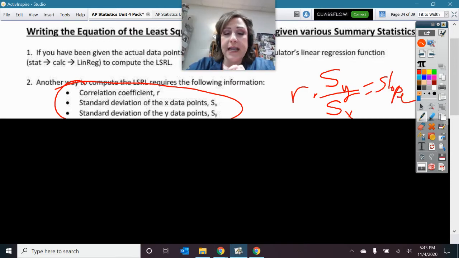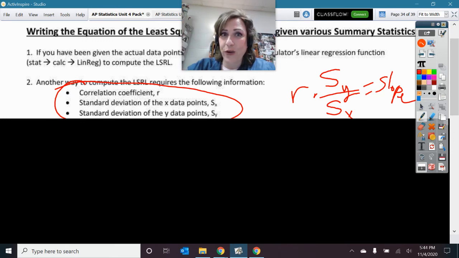Now let's think back to Algebra 1. If we had a slope, what else would we need to get an equation of the line? We needed a point on the line. Have you ever heard of the point-slope equation?